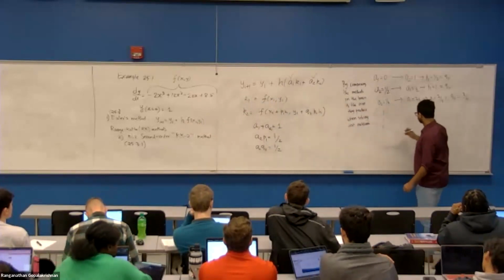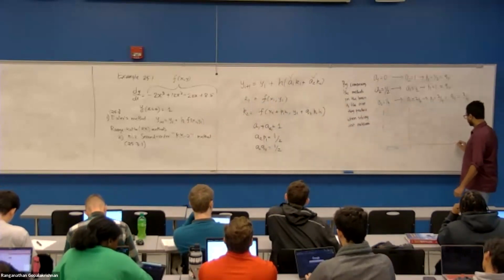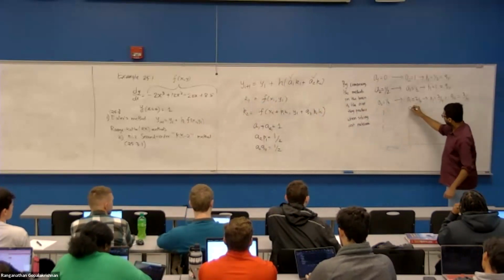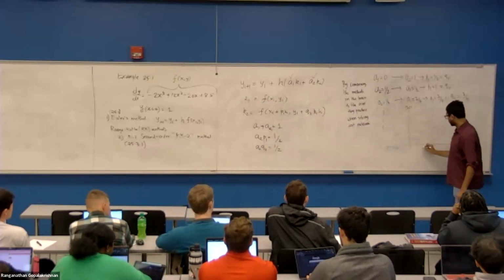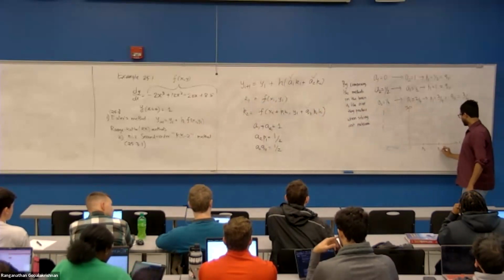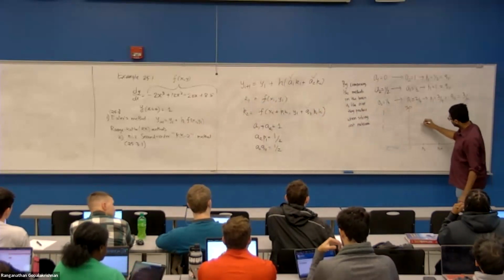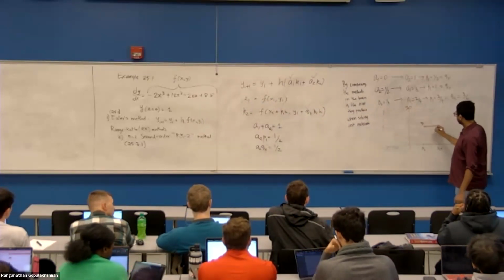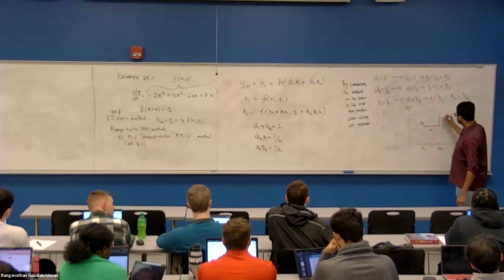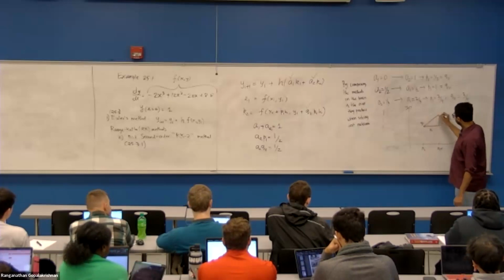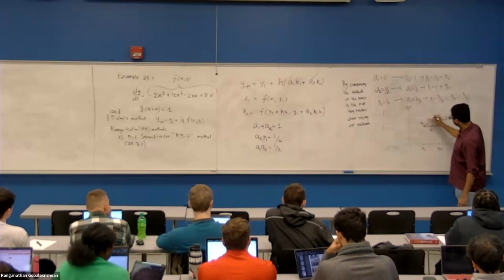And when I say visualize, what I'm saying is, if I were to draw out x, y, here is xi, here is xi plus 1, here is yi. I literally have this as h, this as h times f of xi, yi, and then this is, of course, the slope.